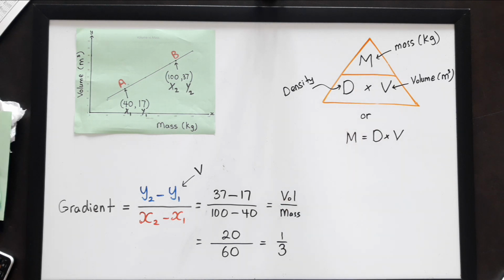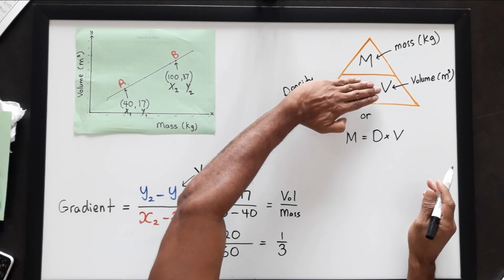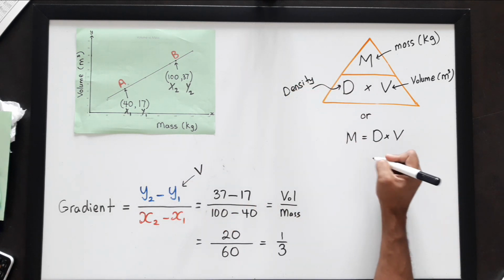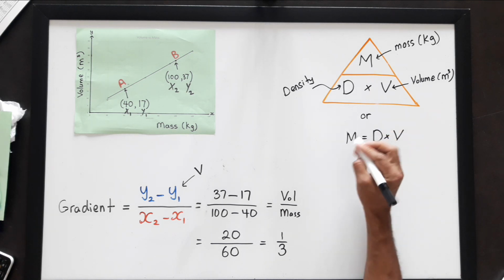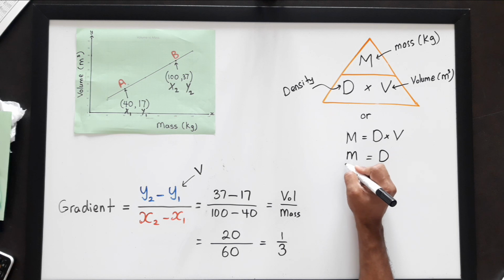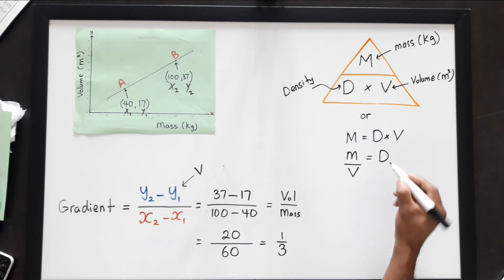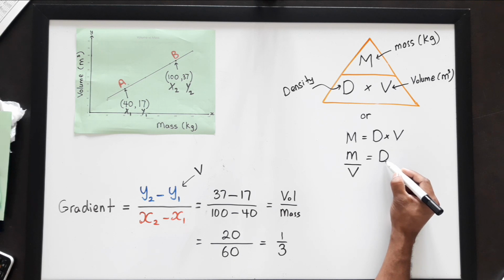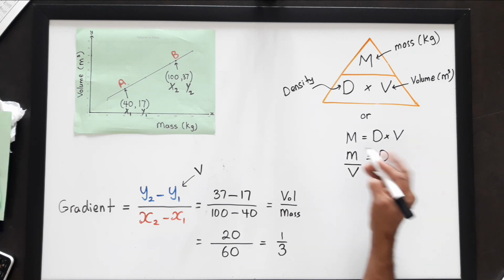But let's go back to this formula. Density is mass divided by volume. So let's make D the subject here. If we were to make D the subject, throw across the multiply and divide it by the volume. So if I wanted to know the density, I would have to take the mass and divide it by the volume.